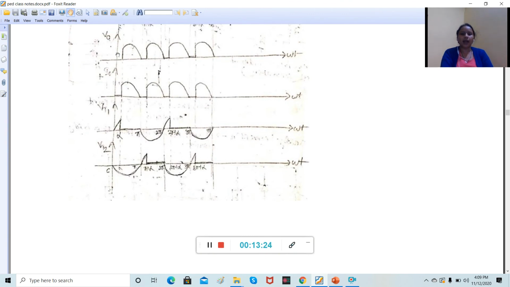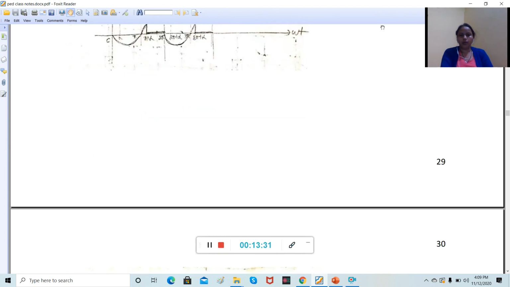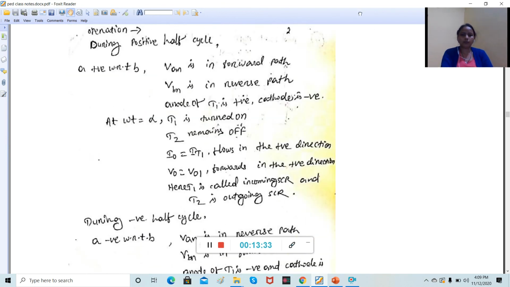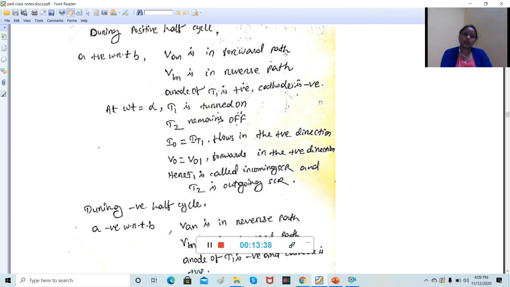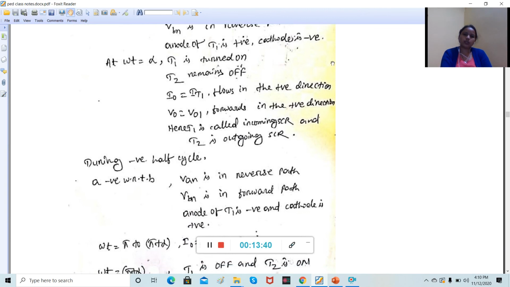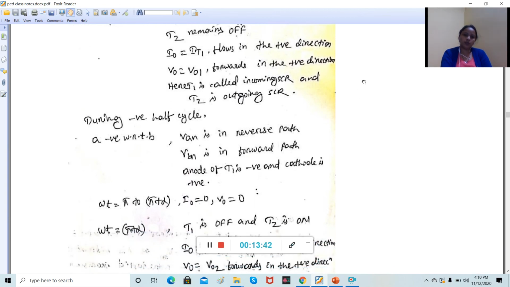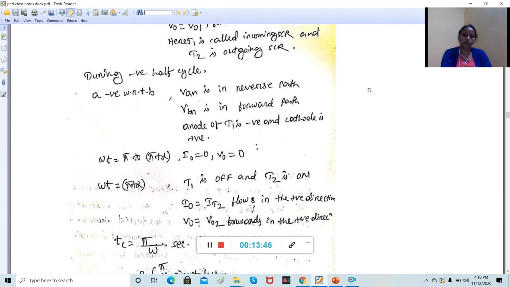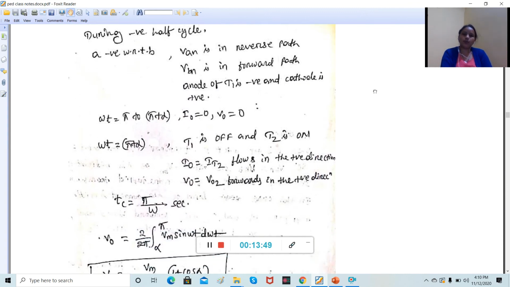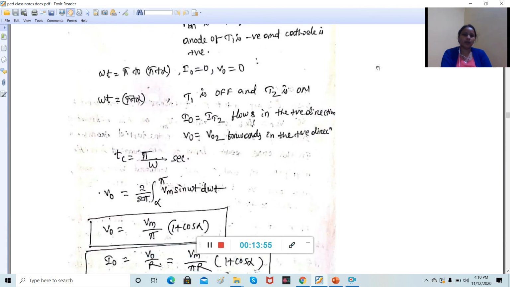If I take the average of this waveform, then I get one DC output. So this is the description part for this type of converter. Okay, you note down all these in your notebook. What happens in the positive half cycle, what happens in the negative half cycle, everything is explained in this note part.